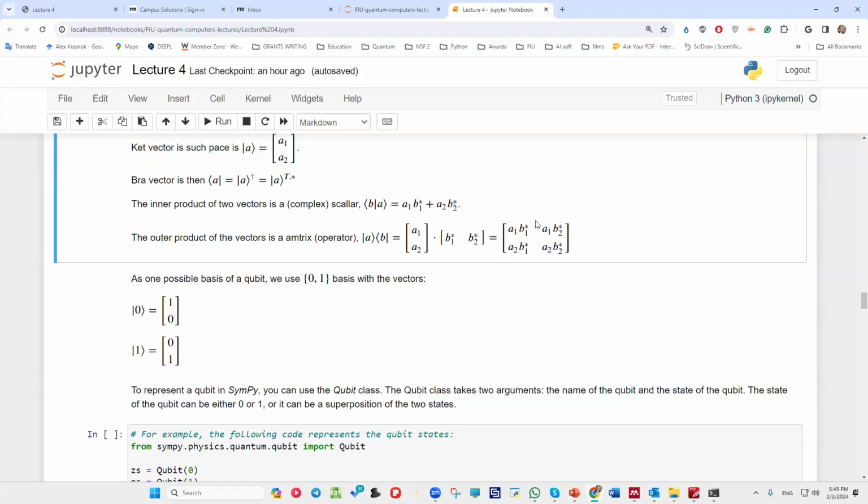That's why we fill up this matrix with all the possible combinations of the components of vectors A and B. And this matrix can work as an operator. This outer product is the operator.